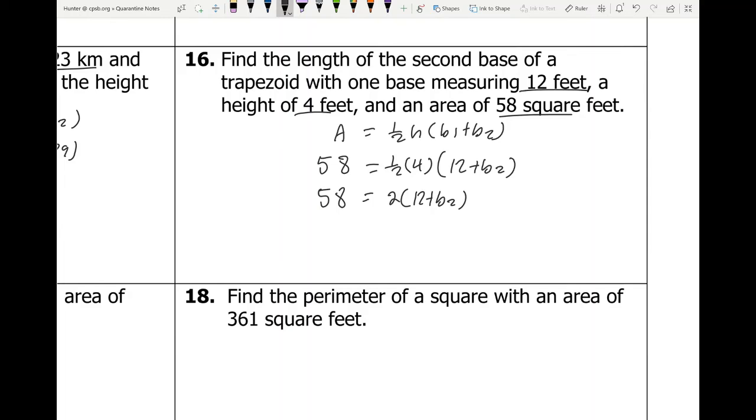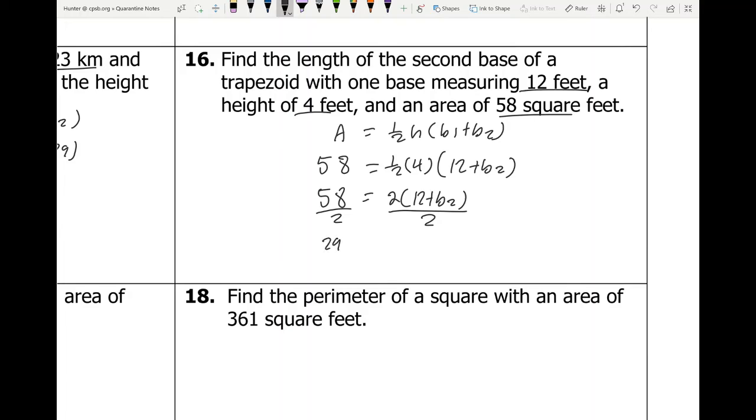And what I could do next is I could either distribute that 2 across, which is probably what most people do, or honestly, you could divide both sides by 2 to get rid of it, right? It's a little different way to solve it, but I like it.